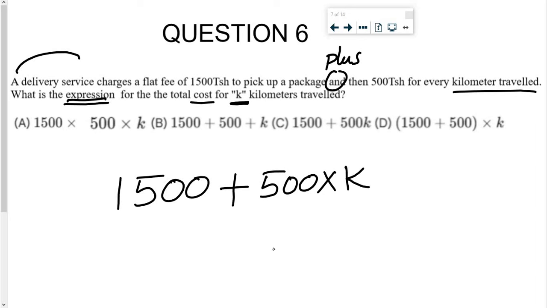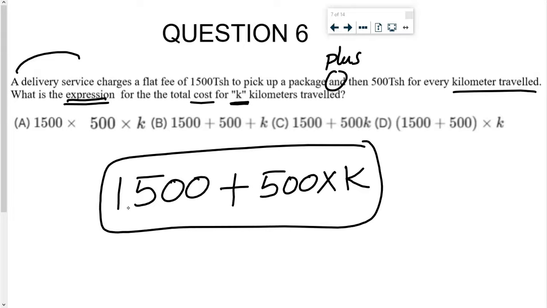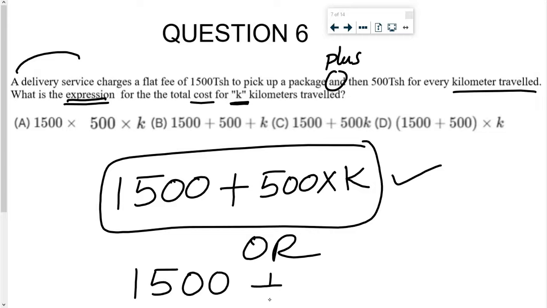So you have to multiply here by K. So the expression will be 1,500 plus 500 into K, or you can write it as 1,500 plus 500 into K. You can just write it like that.